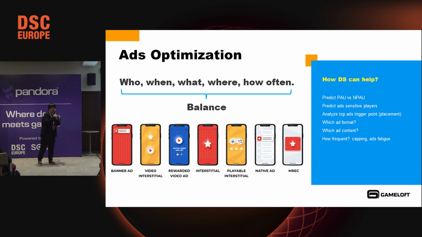We check our historic data and find out the last moment people never come back to the game is after they were interrupted with interstitial ads. If that has correlation, we try to not do it so often and not make it a very lengthy interstitial for those players. As for the top ads trigger points, do not make it just randomly everywhere. Find the moment that players actually take a break, for their minds and their eyes.